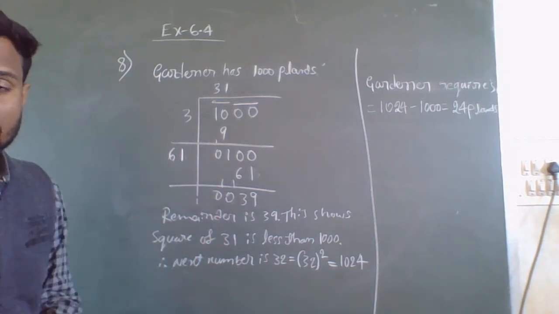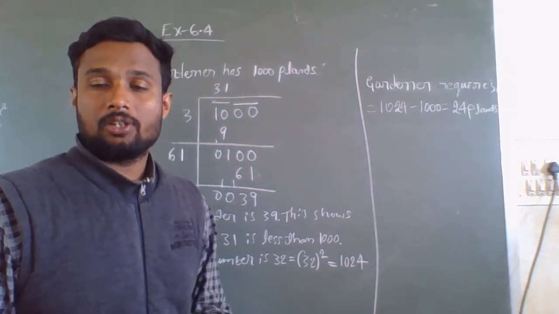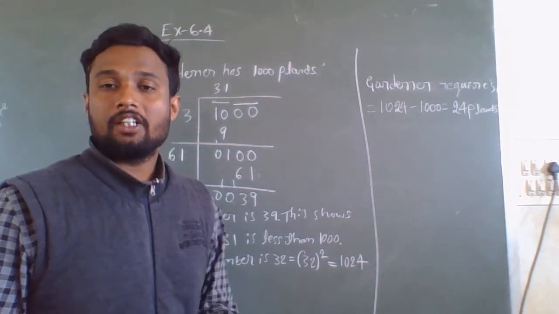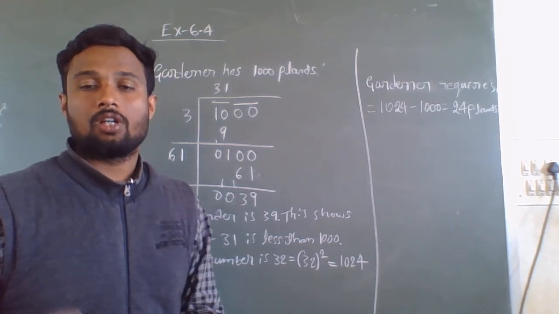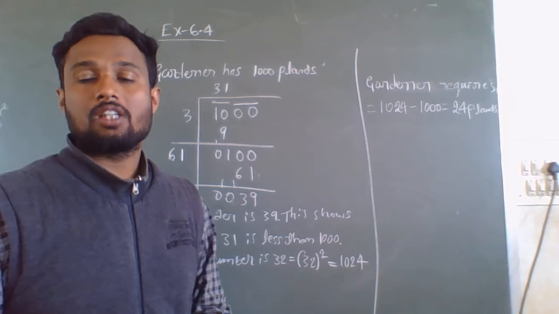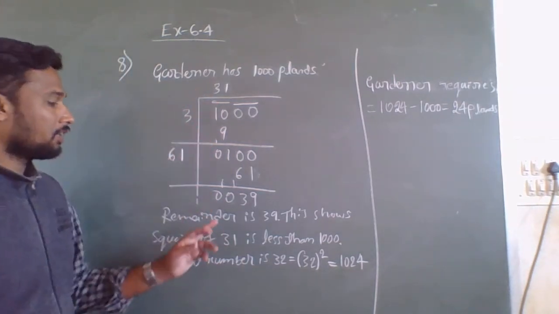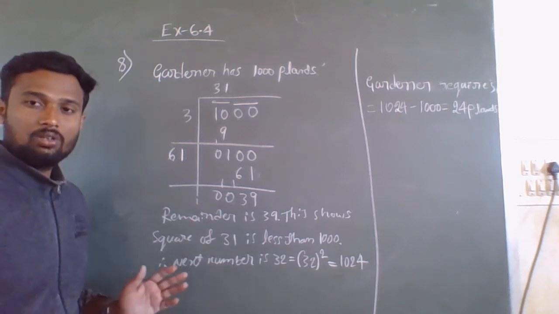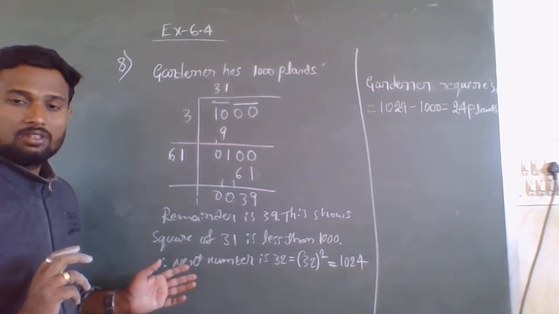So here they are asking how many trees the gardener should add to get the number of rows equal to the number of columns. He should add some more plants. The square value of 31 is less than 1000, so he cannot add fewer trees.